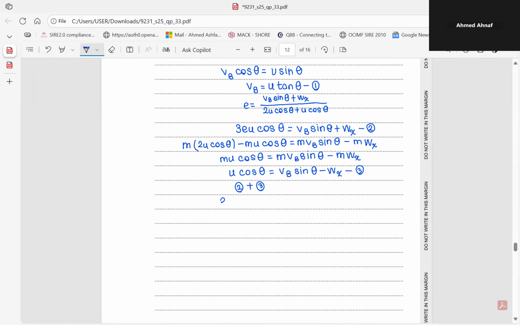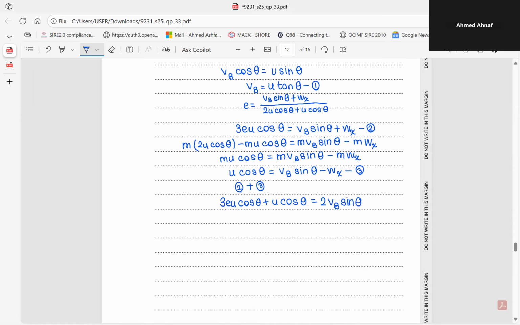We would get 3eu cosine theta plus u cosine theta equals, so the WX cancel out, so we just get 2 VB sine theta.